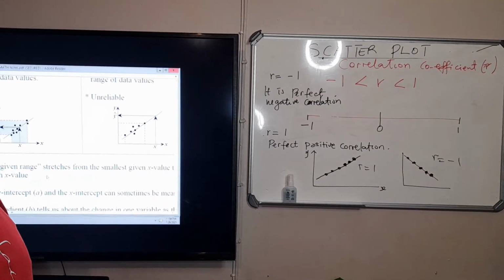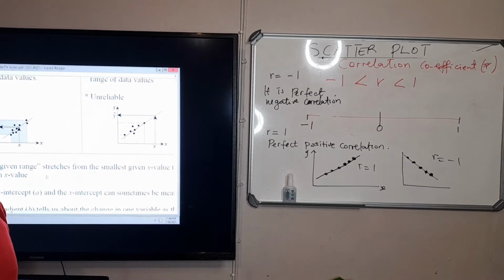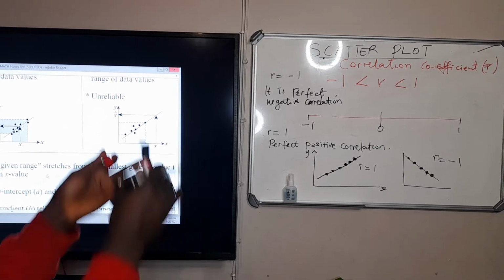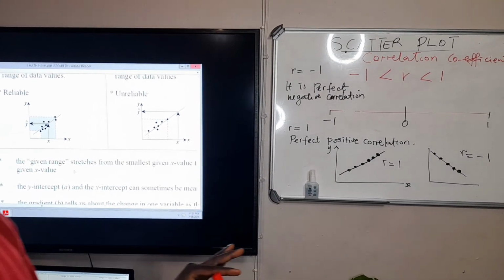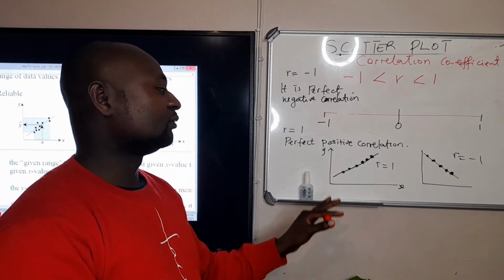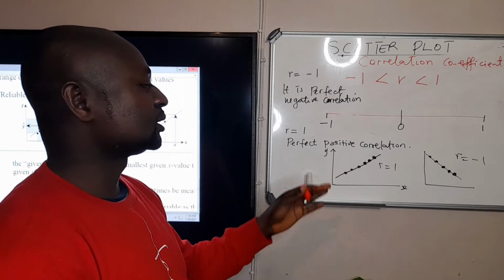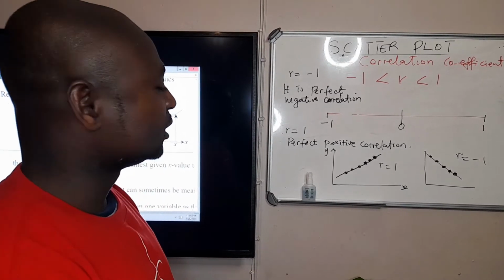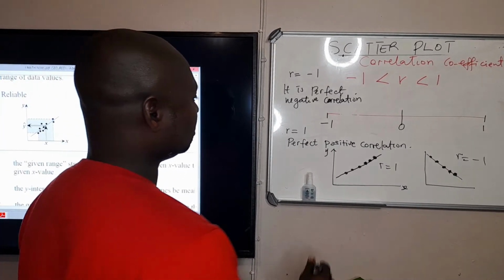When you draw the least square regression line into the scatter plot and it passes through all the points, there's no point that falls outside, then of course you have a perfect correlation. It's either positive or negative correlation. So that is the meaning of that.